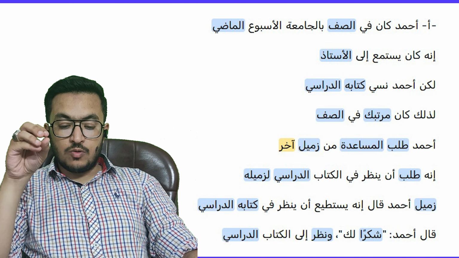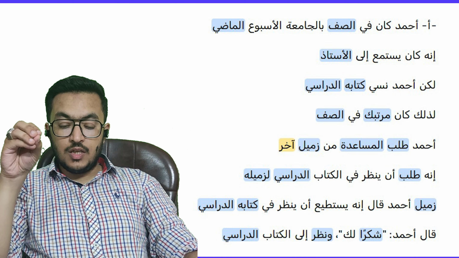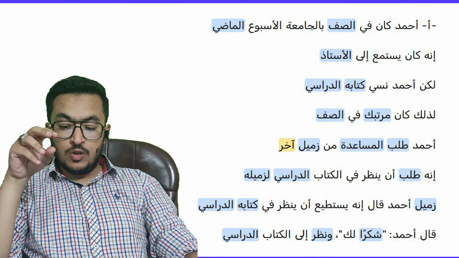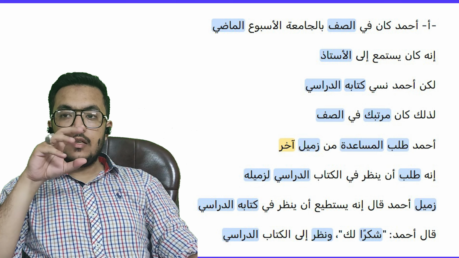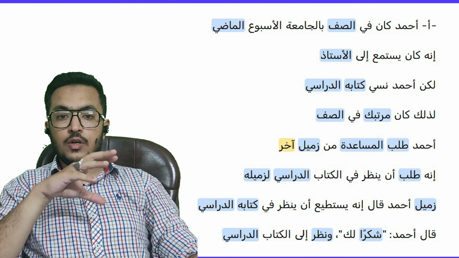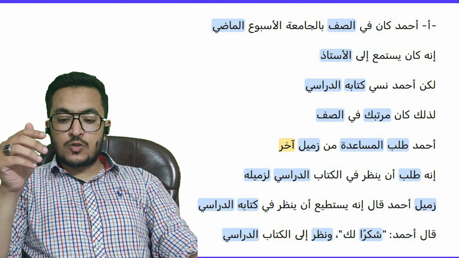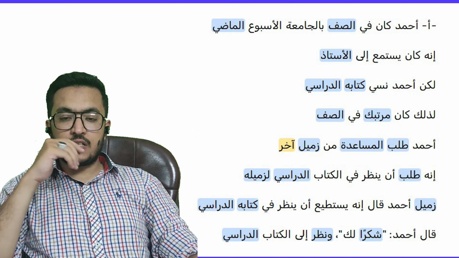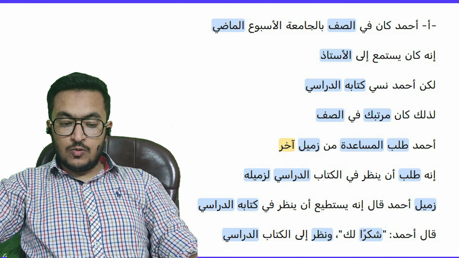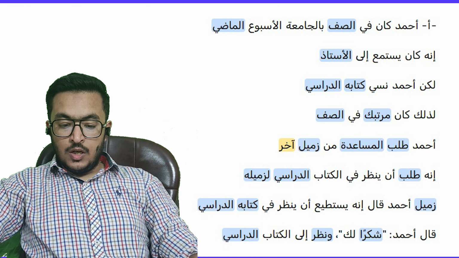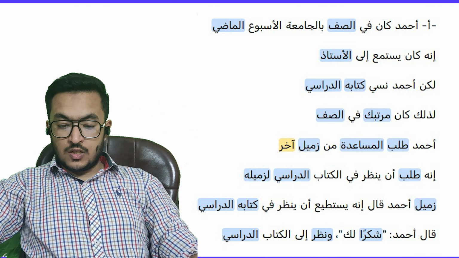إنه طلب أن ينظر في الكتاب الدراسي لزميله. إنه طلب, he asked أن ينظر. طلب is a verb which comes from the root طلب يطلب. It means to ask. Another one which is quite similar to it is سأل يسأل.